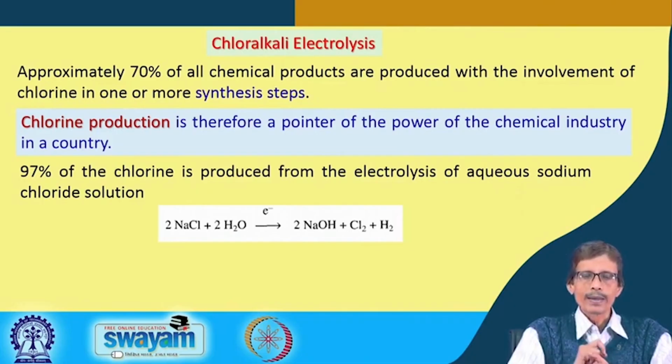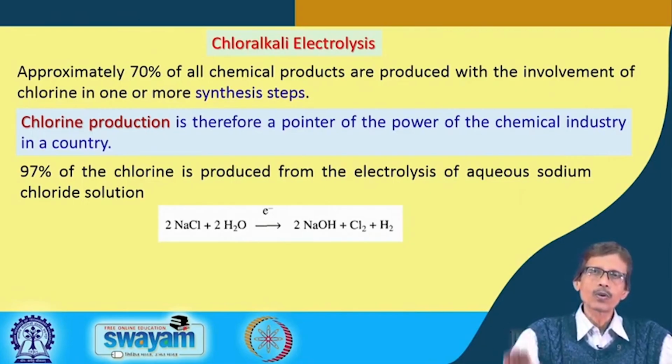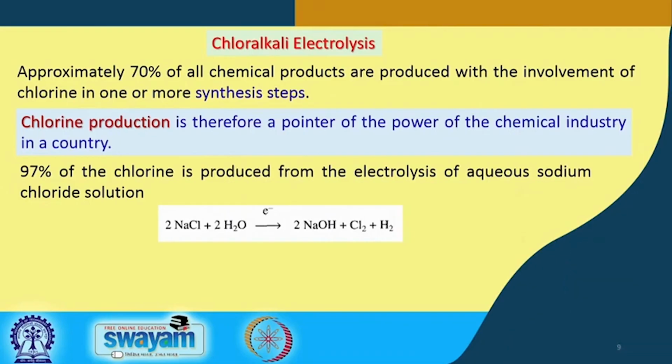If you make the equivalent amount of sodium hydroxide from this electrolysis process, the price of chlorine will definitely go down, because it is a byproduct. During the production of chlorine, you are also producing sodium hydroxide, as well as another value-added material, hydrogen gas. So you see, three components you are able to produce out of this simple electrolysis reaction of sodium chloride.